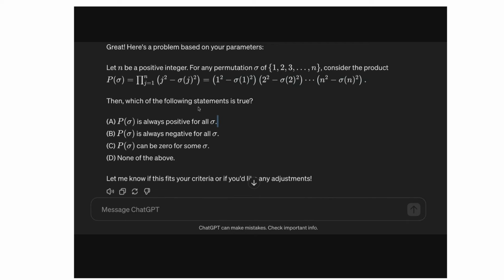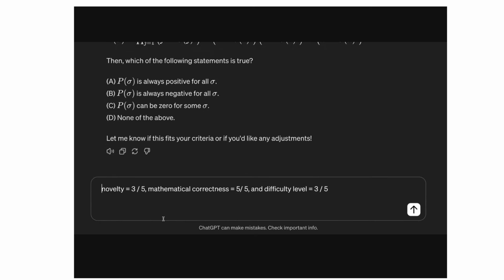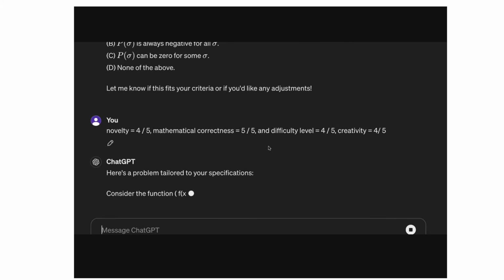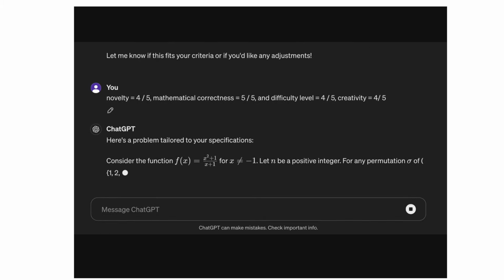Let's see, we want to give another. So can you generate a more difficult problem? Now you can specify, like, you want creativity, let's say creativity to be 4 out of 5. So let's see, I don't know what it's going to give. Okay, sounds interesting.